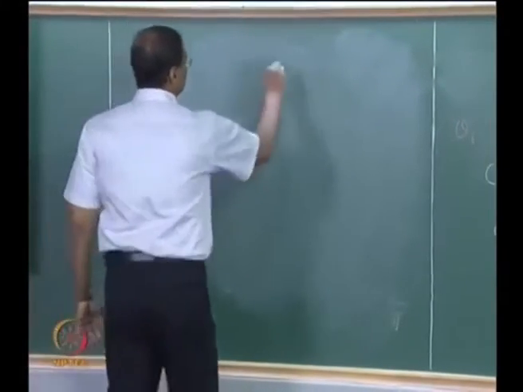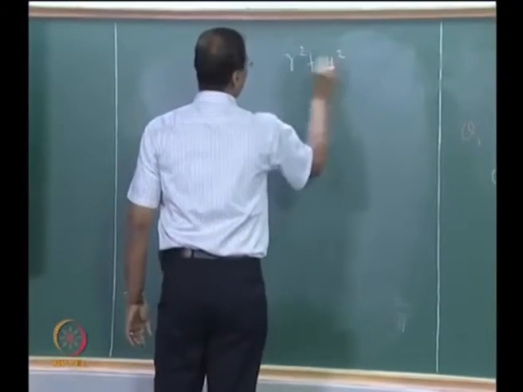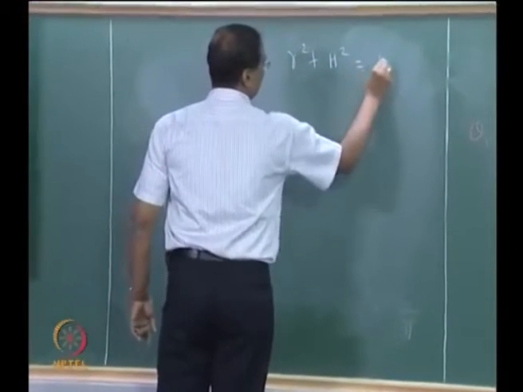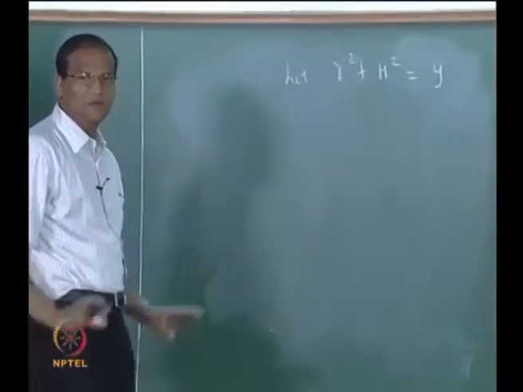What I will do basically is let R square plus h square be y.